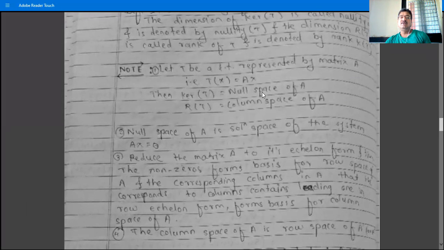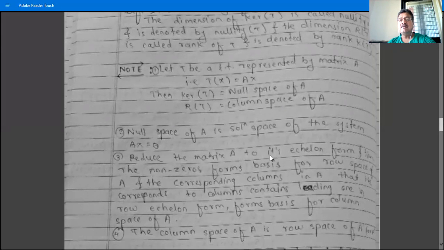And it is now very easy to obtain the null space and column space of the matrix A, because in the previous topic we have already seen how we can find the basis and dimension for the null space and column space of any matrix A. The null space of A is the solution space of the system Ax equals 0.